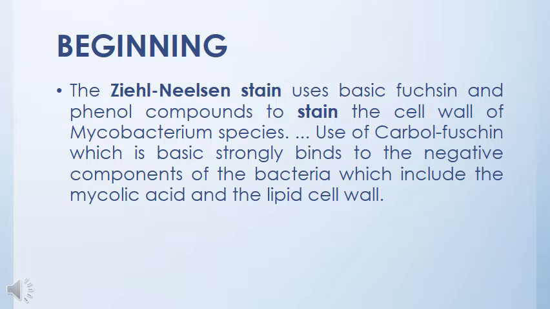So if we introduce this procedure, what happens in this procedure? Ziehl-Neelsen stain uses basic carbolfuchsin and phenol compounds to stain the cell wall of Mycobacterium species. The use of carbolfuchsin, which is basic, strongly binds the negative components of the bacteria, which include the mycolic acid and the lipid cell wall. So carbolfuchsin is a primary stain with positive charge, while mycolic acid has a negative charge.